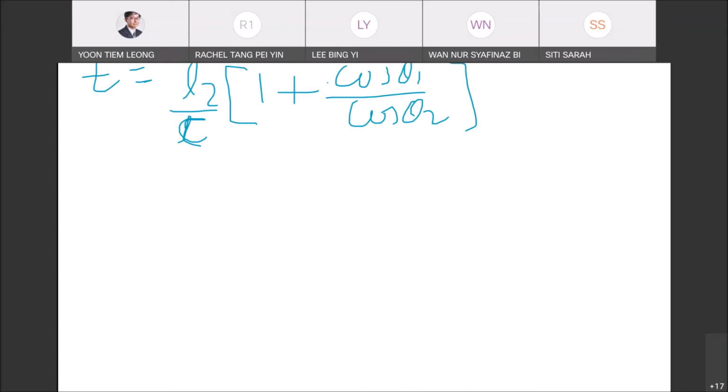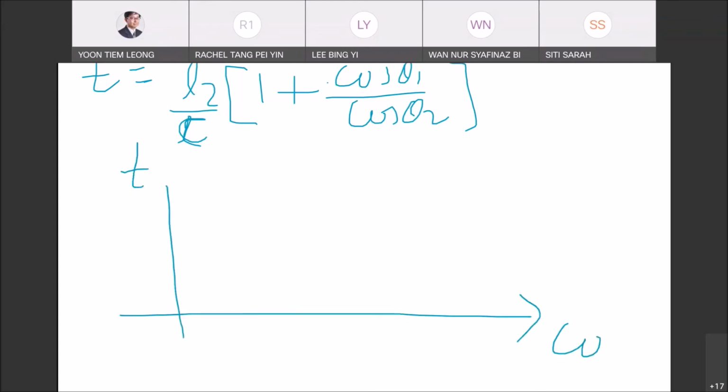So you further assume one of the thetas is constant, right? For example, you hold theta 1 constant, and then you only vary theta 2. So imagine that you have a function t based on, say, cos theta 2, and you choose theta 1 to be held constant.